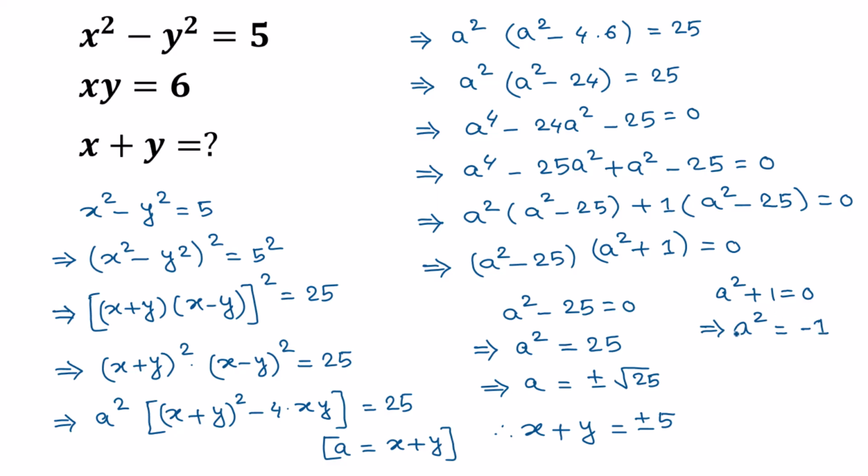Now for real numbers, the square of any number is always positive, but the right side is negative. So this cannot be equal. So there is no real solution. So the only solution for real numbers, the value of x plus y is equal to plus or minus 5. And this is the solution of our given problem.